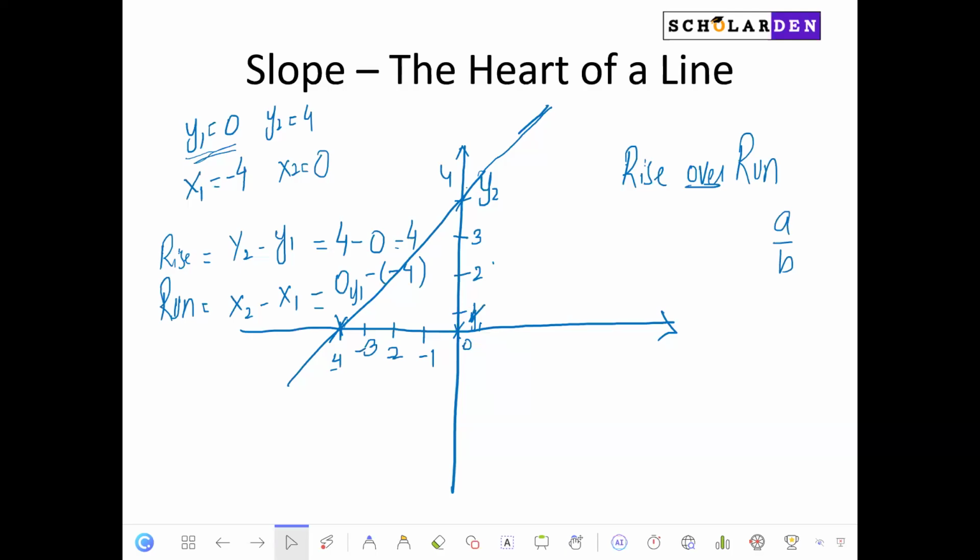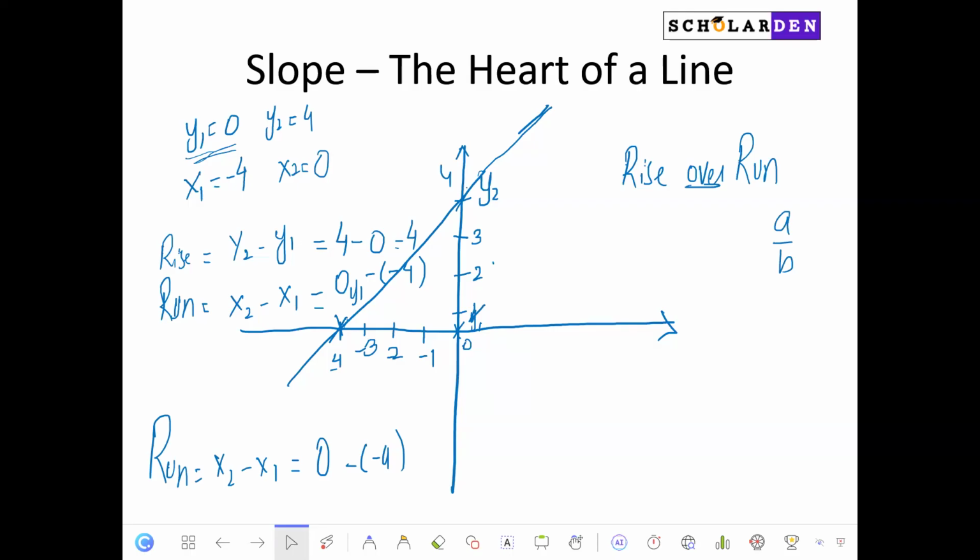I'm sorry, there seems to be some overlap, let me do this neatly over here. x2 minus x1, so this is 0 minus -4. Keep the signs, always remember the signs. They could change the entire outcome. Absolutely correct, the rise is 4. Again, you can recheck your answer.